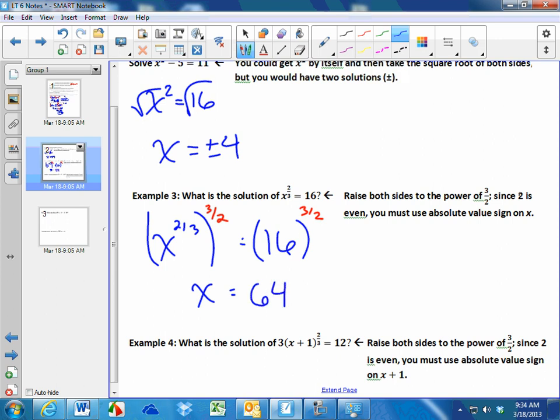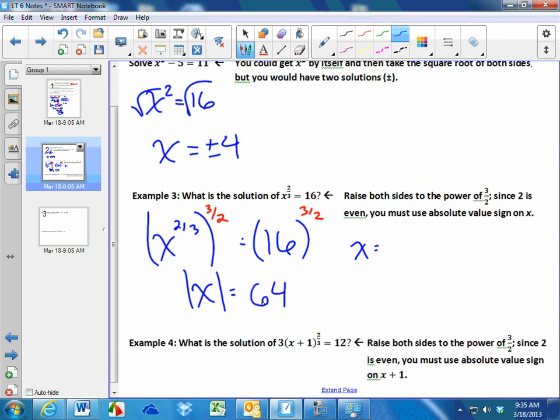Now, the rule said if you raise both sides to m over n, and either m or n is even, you need to use absolute values. We raised it to the 3 over 2. Are either of those even? Then we need absolute values. So our absolute values go around the x, which is now case 1, case 2. Case 1, the x could be 64.